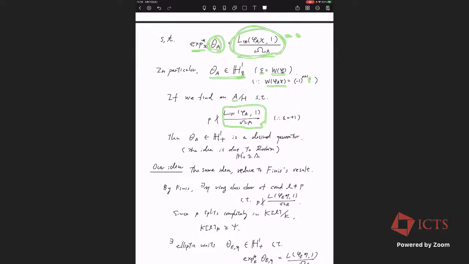For this, the root number must be plus 1. We can construct theta A belonging to H1 minus, but then the L value vanishes, so it does not suit our purpose. So we now consider A whose elliptic units belong to H1 plus.